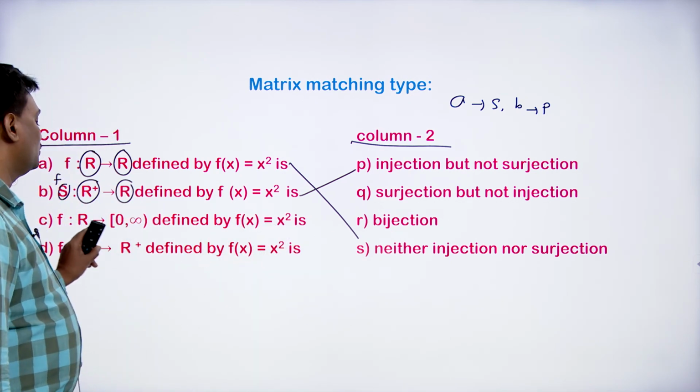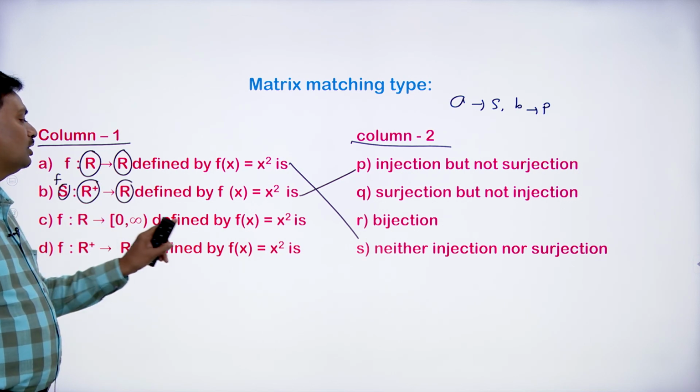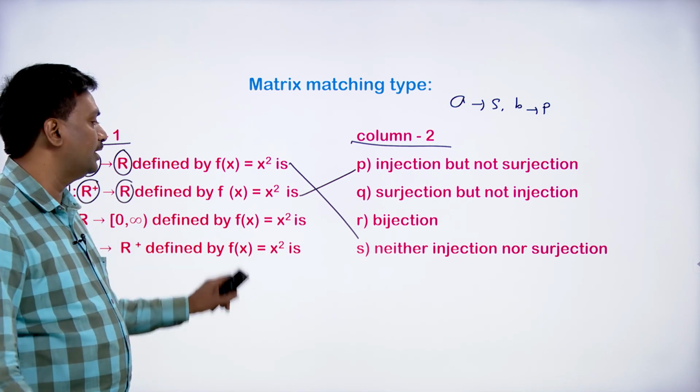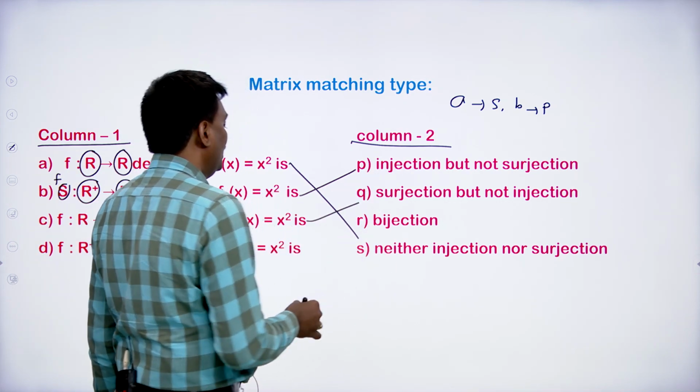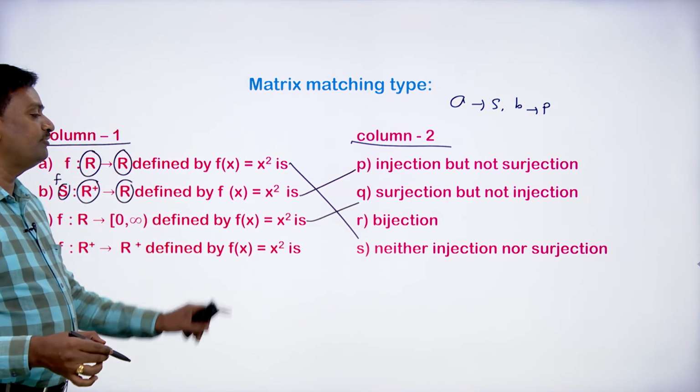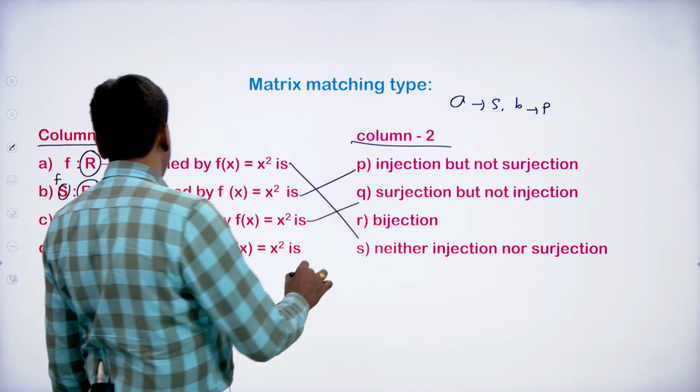So for option C, f maps R to 0 comma infinity defined by f of x equal to x square is a surjection but not an injection. You can prove that. R plus to R plus defined by f of x equal to x square is a bijection.